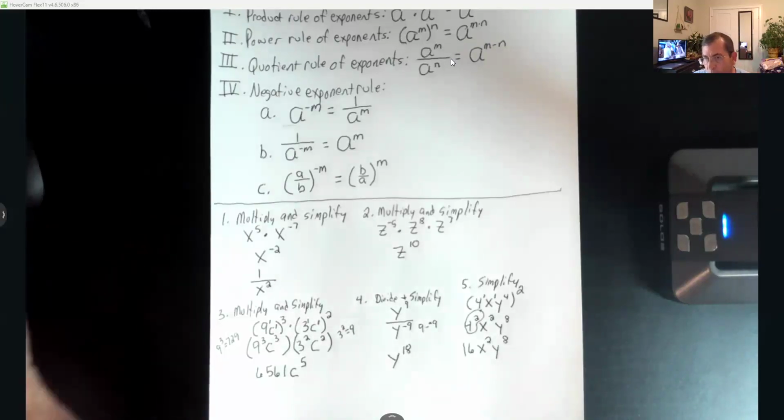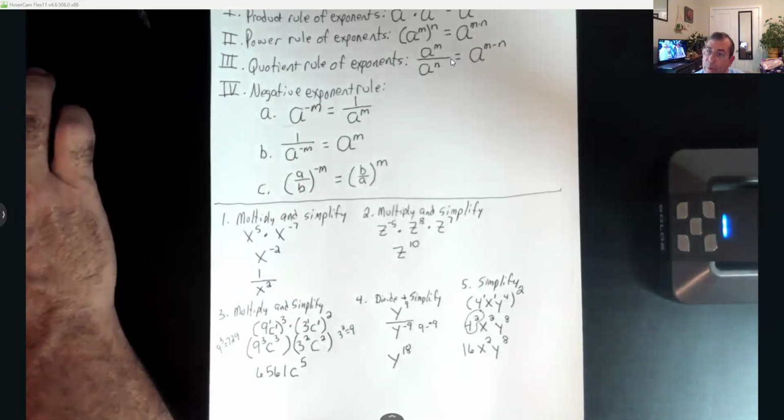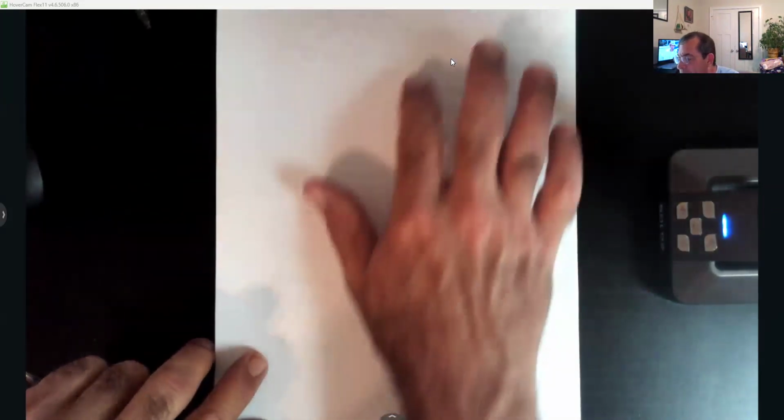And then some more things we'll do in this section. We'll do some more of those where we got to rewrite those radicals as fractional exponents. So we had a few problems doing that yesterday, and then you'll see a few more today, okay?